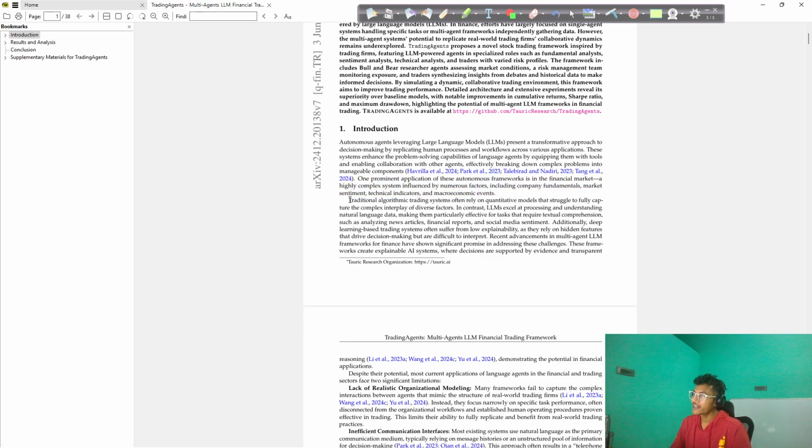Right now, traditional algorithmic trading systems often rely on quantitative models that struggle to fully capture the complex interplay of diverse factors. Right. So these diverse factors, like we all know, we use a lot of different indicators to relay the information to us, or what it tells basically.